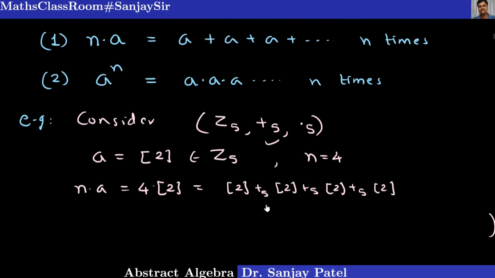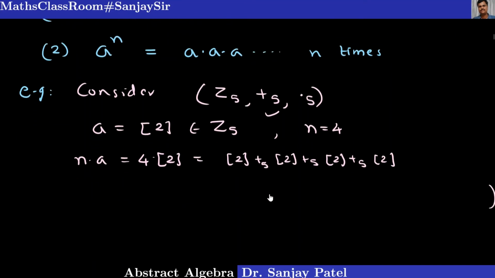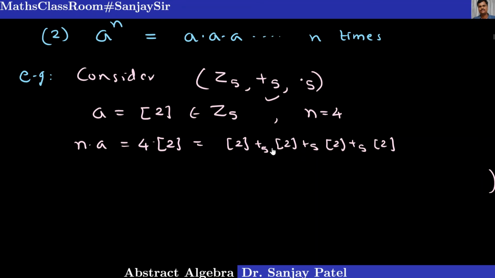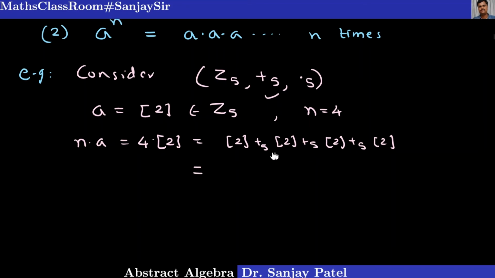So this will be very useful in our discussion. There are 2 ways you can write the value of this. You can keep on adding 2 at a time. So I take 2 plus 2, that is 4, and 4 modulo 5 is 4.